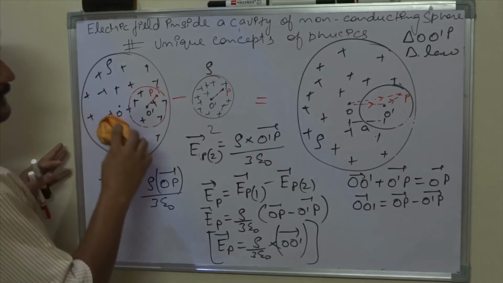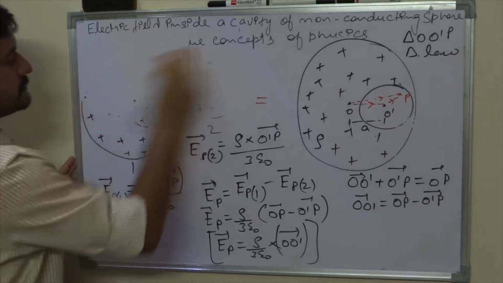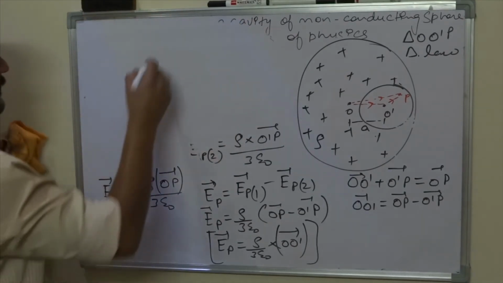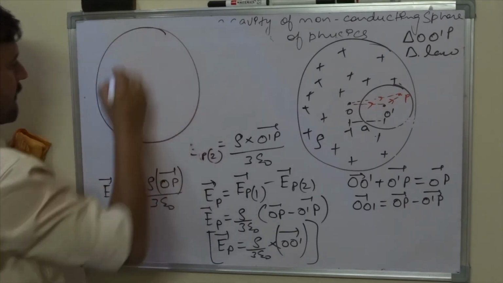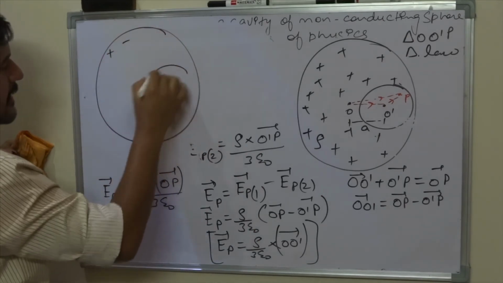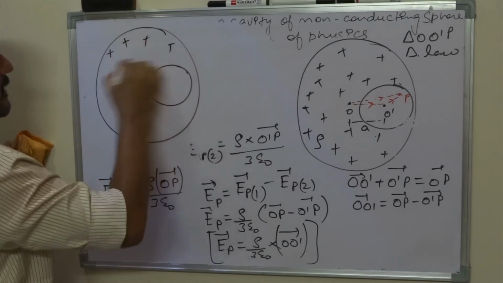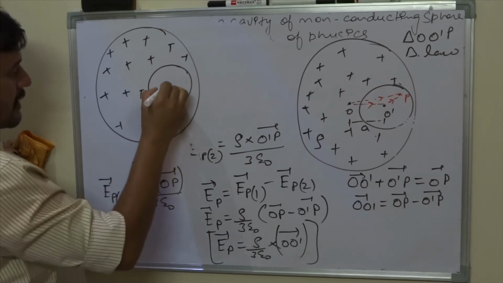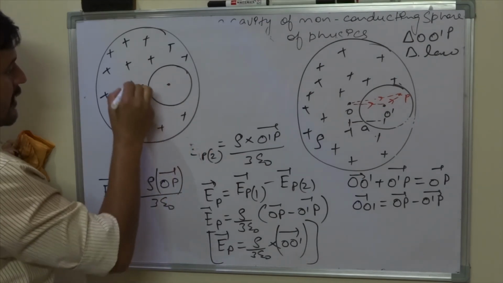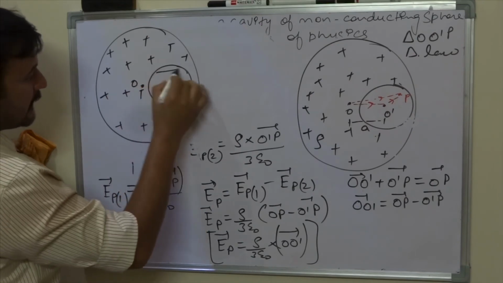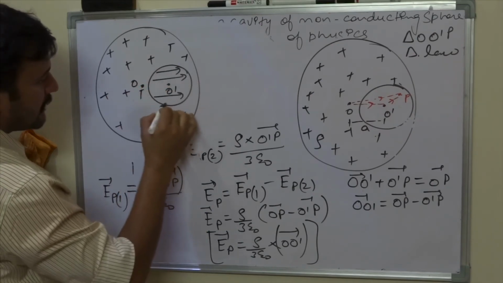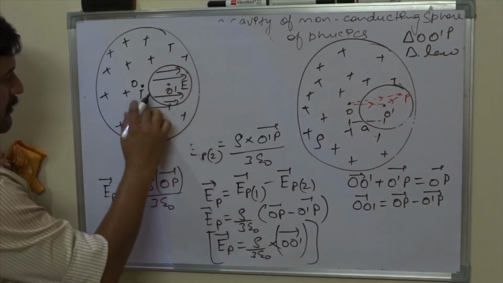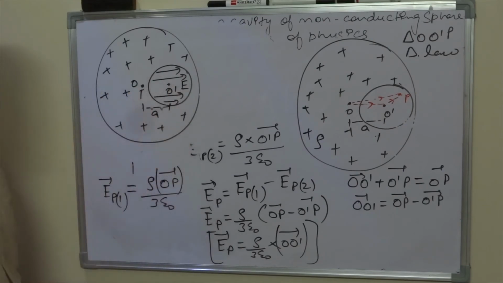Now this is the thing, and it means that the electric field inside this cavity is uniform.